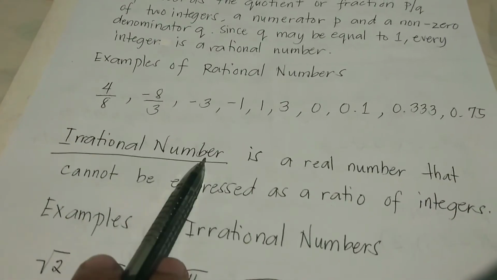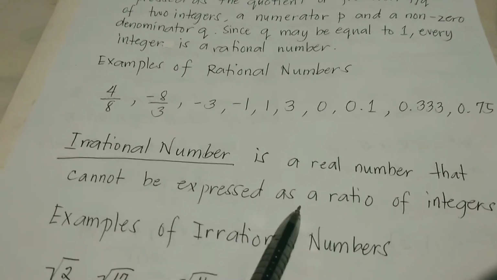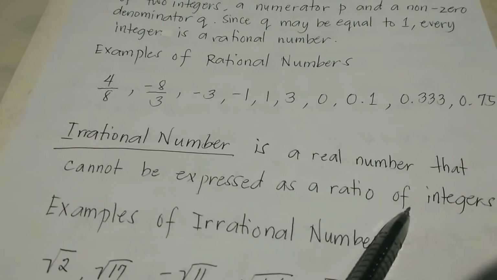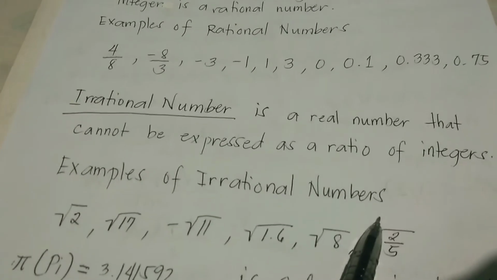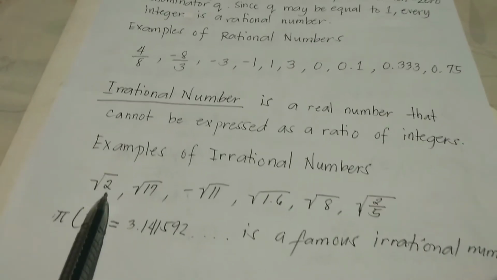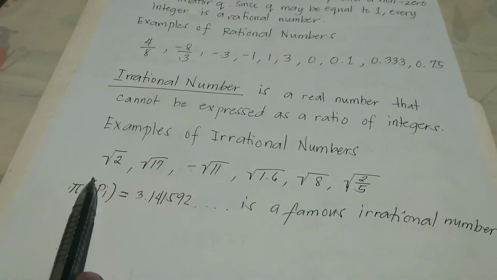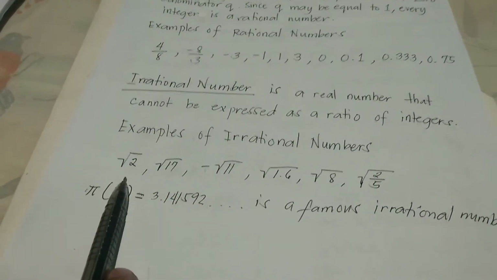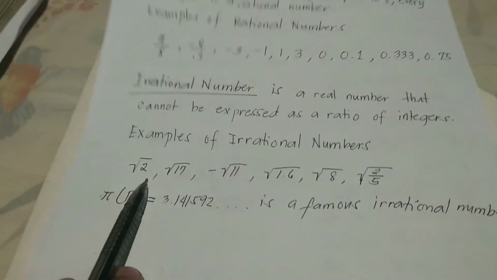While an irrational number is a real number that cannot be expressed as a ratio of integers. Examples of irrational numbers: square root of 2. Diba walang square root of 2 and it cannot be expressed as a ratio. Hindi natin siya pwedeng i-express into fraction, yung square root of 2.